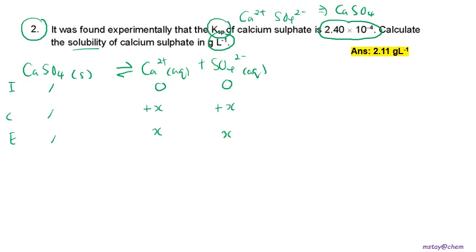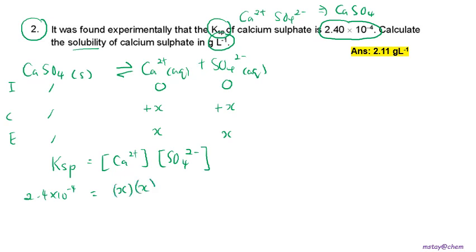Then we write the KSP expression equal to concentration Ca2 plus and also concentration SO4 2 negative. And then the KSP value is given in the question, which is 2.4 exponent negative 4, and then concentration Ca2 plus and SO4 2 negative is x. So from here, we can get the square root for 2.4 exponent negative 4.